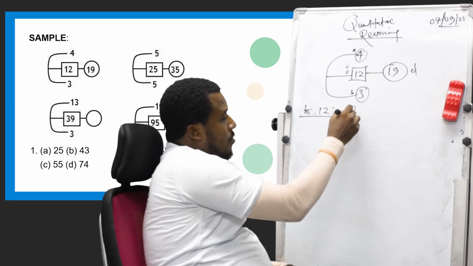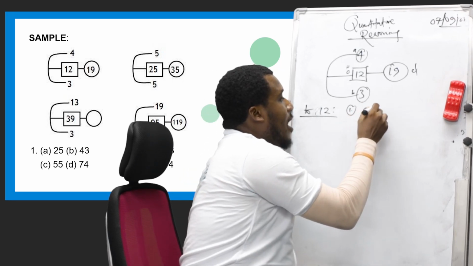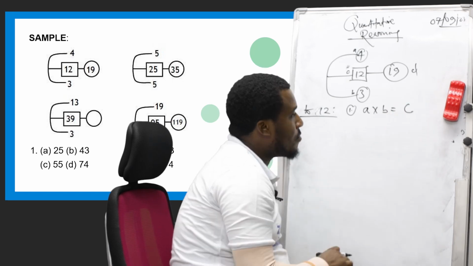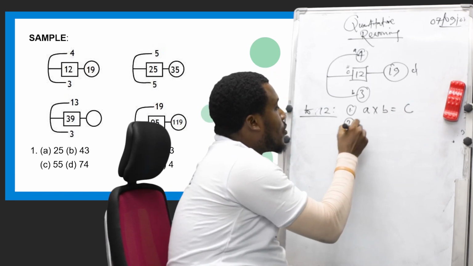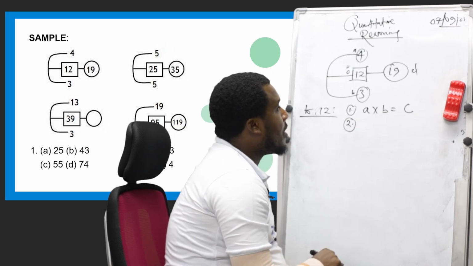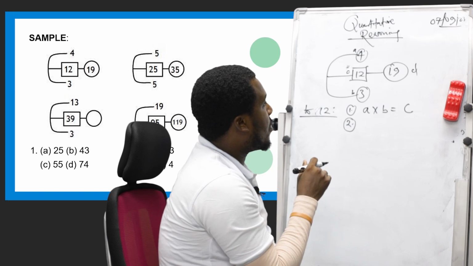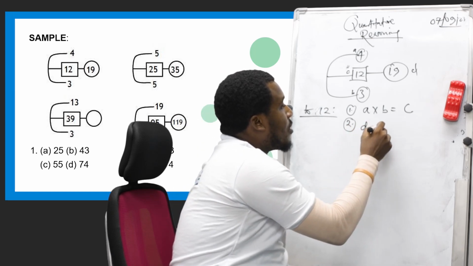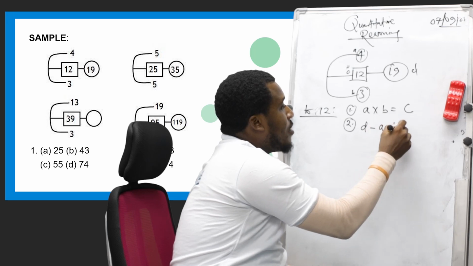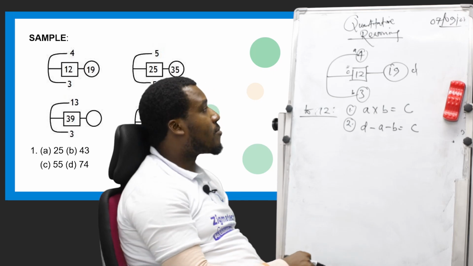Method one, you do A times B equal to C. Method 2, you do D minus A minus B equal to C. Now, any of those methods will get you C.